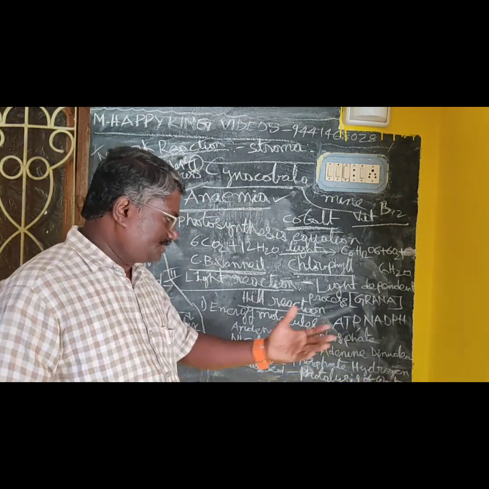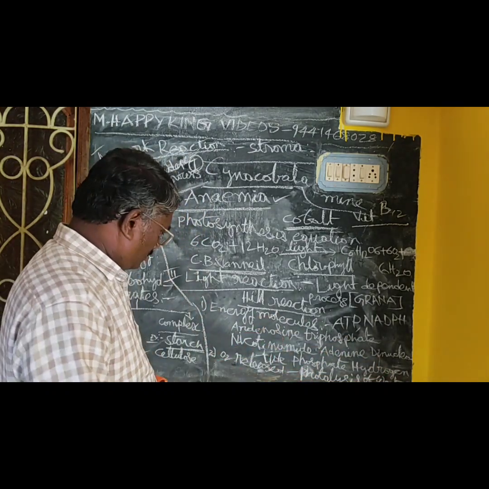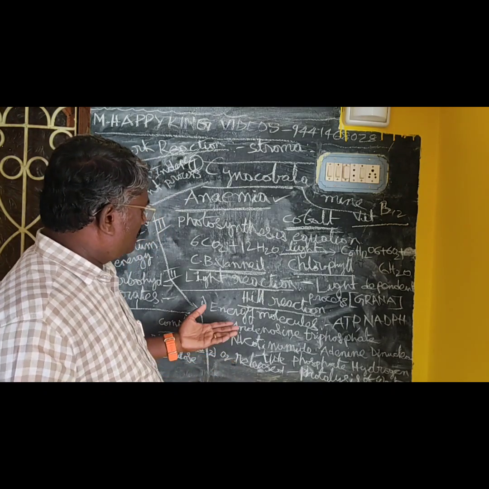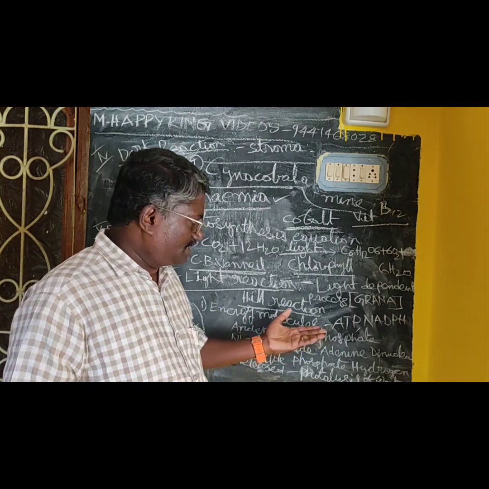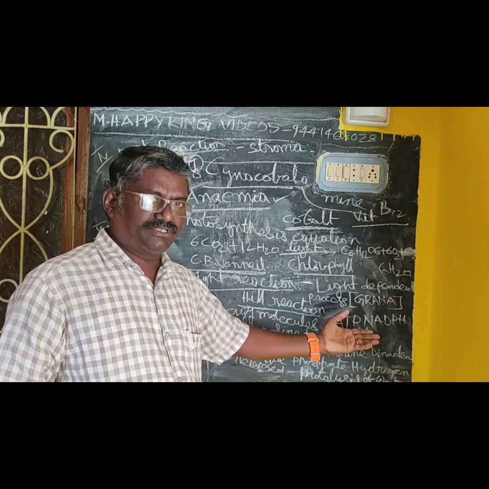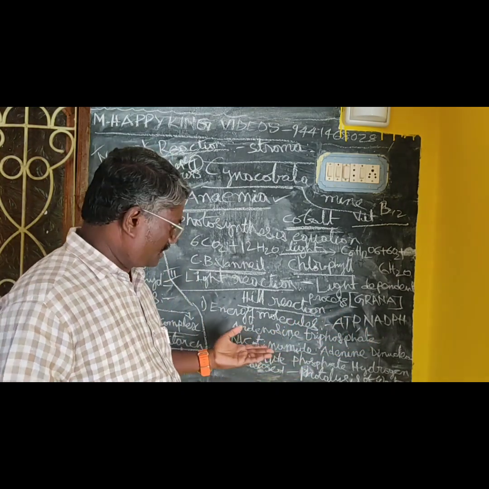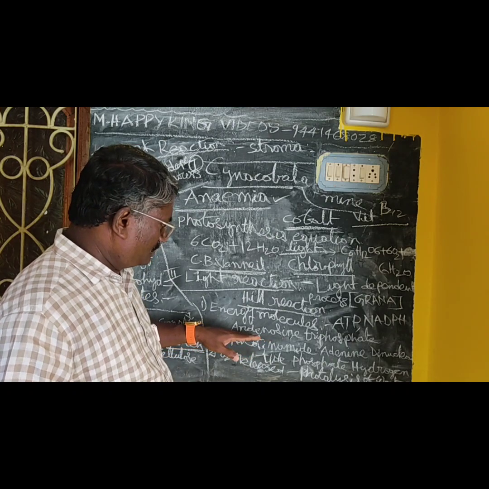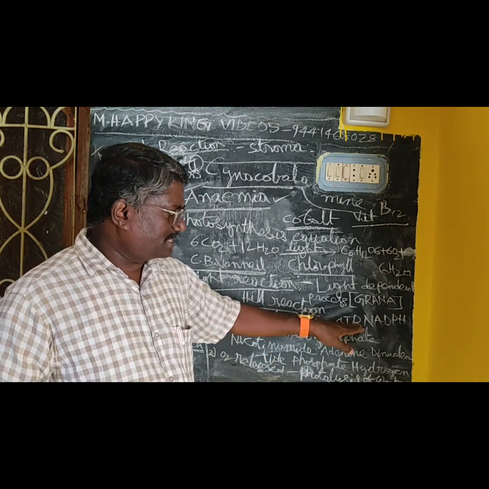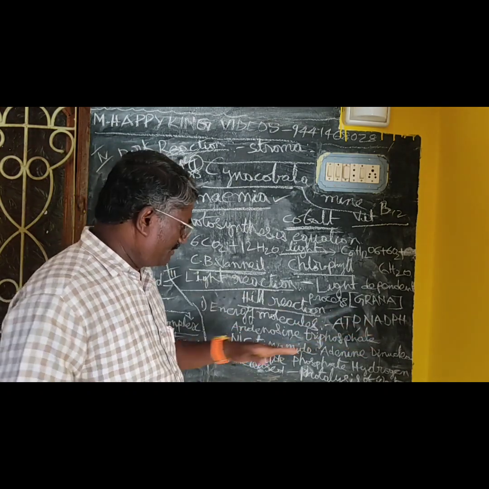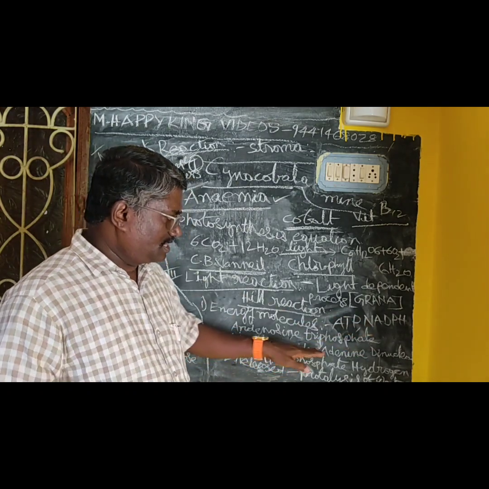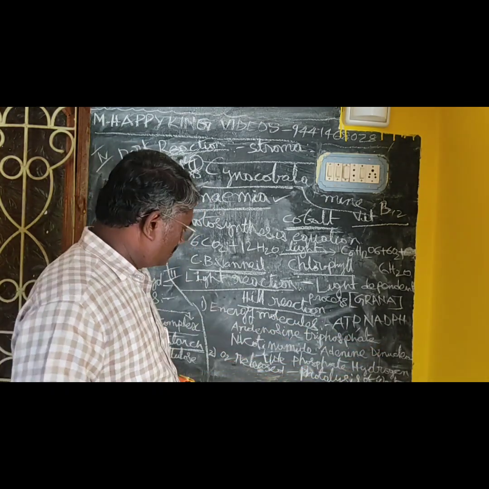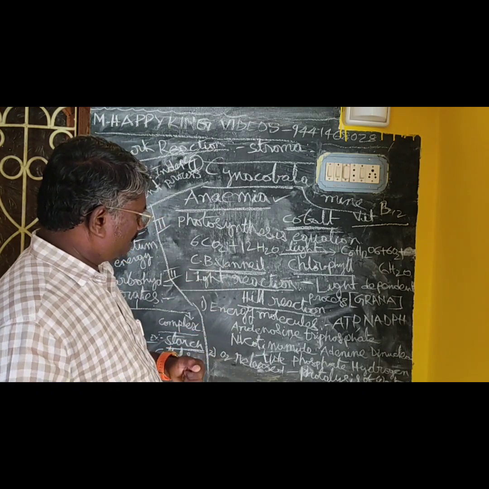Then oxygen is released, and the energy molecules ATP and NADPH are formed. ATP is adenosine triphosphate, and NADPH is nicotinamide adenine dinucleotide phosphate hydrogen. So these are the events.